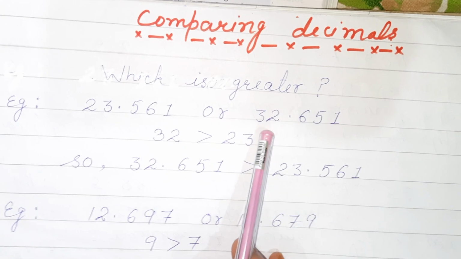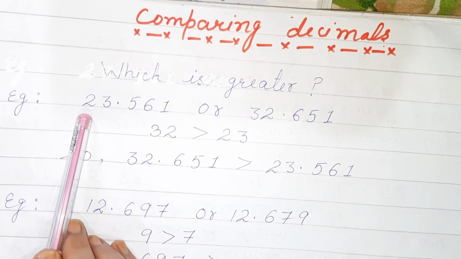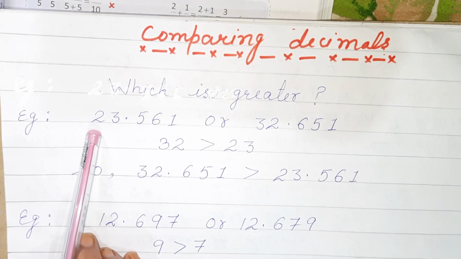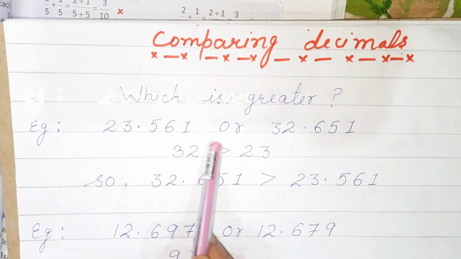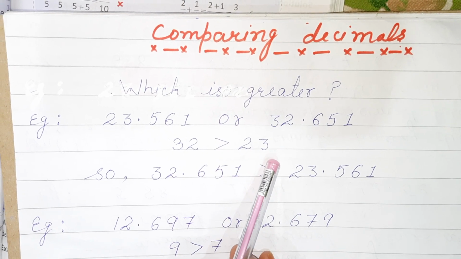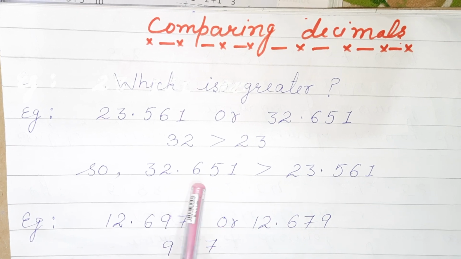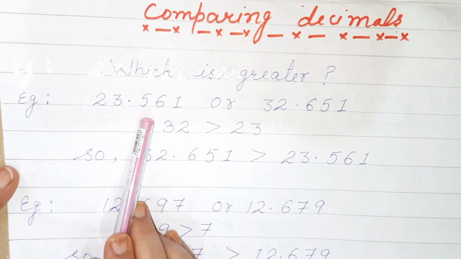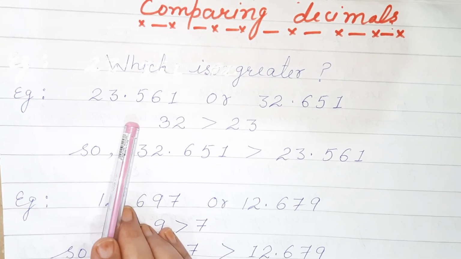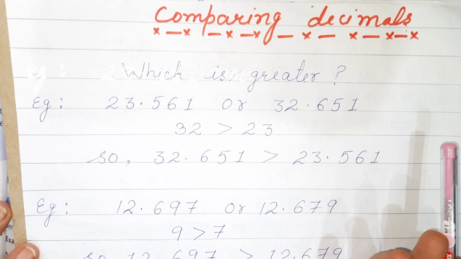Now 32 is greater and 23 is less than 32. So 32 is greater than 23, so this number is greater than this number. If our whole parts are different, we will not move to the decimal part.